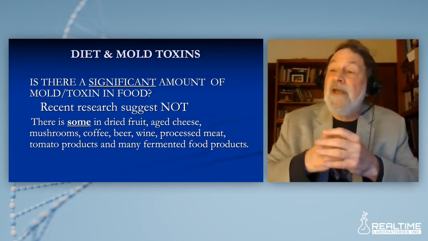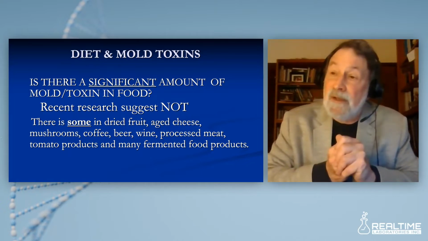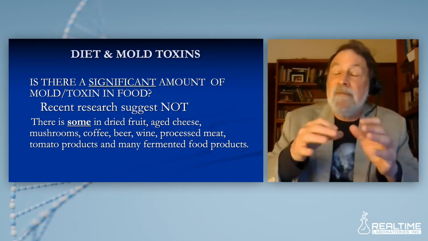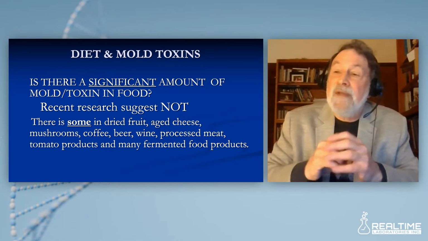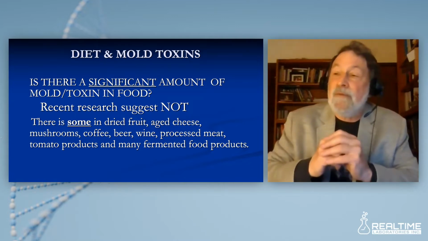Although the FDA does not limit the amount of toxin in food as much as they should, as I showed before, I'm not convinced that the toxicity potential in food is the issue.